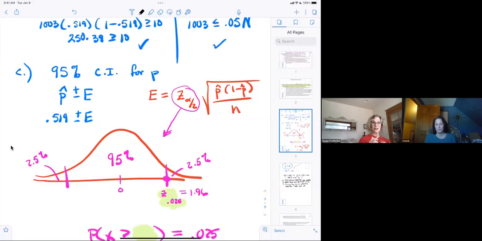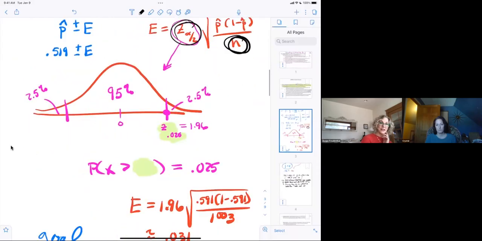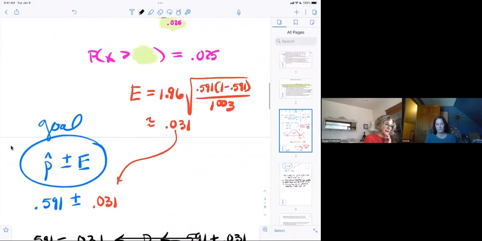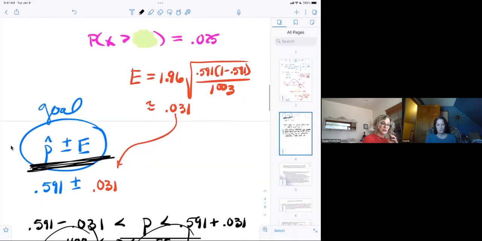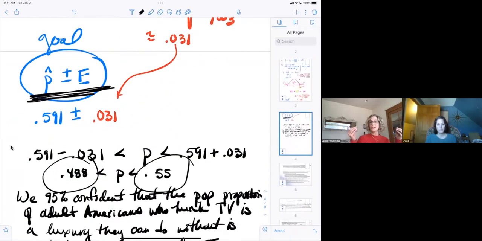So this error is dependent upon z alpha over 2 times the square root of p hat times 1 minus p hat over n. It's dependent upon the sample size. It's depending on your level of confidence. And then you add and subtract this error to your statistic, and then you get these lower and upper bounds that you feel confident that the population proportion falls between.